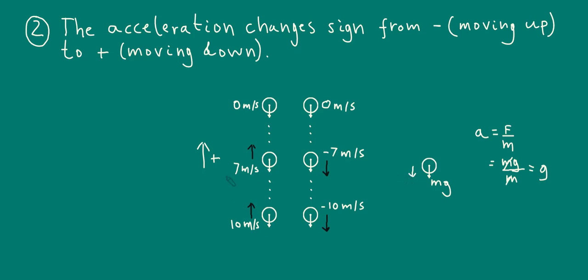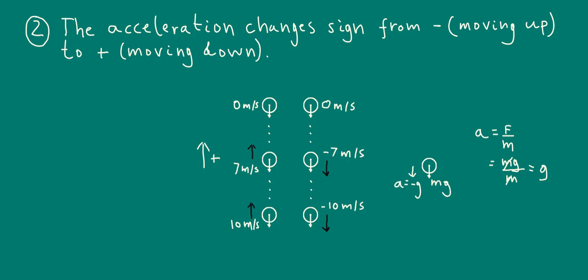Since it's pointing downwards, we should say that the acceleration is equal to minus g, because the downwards direction is the negative direction. So in other words, the acceleration doesn't change sign. It's constant and always equal to minus g.